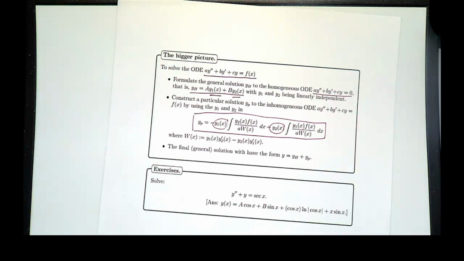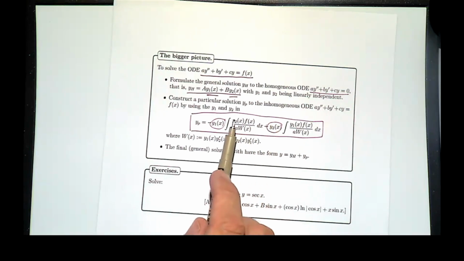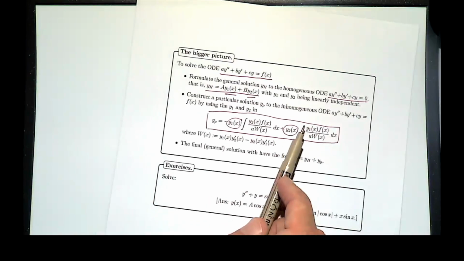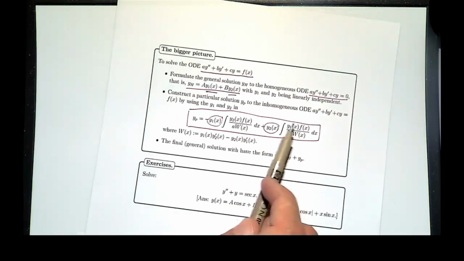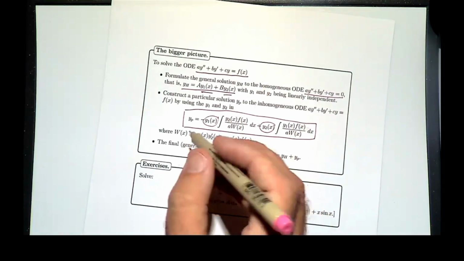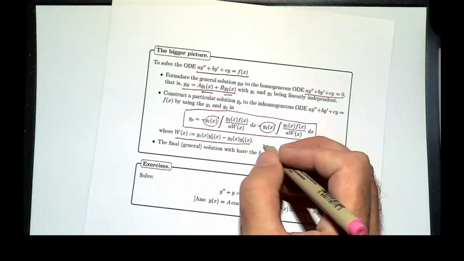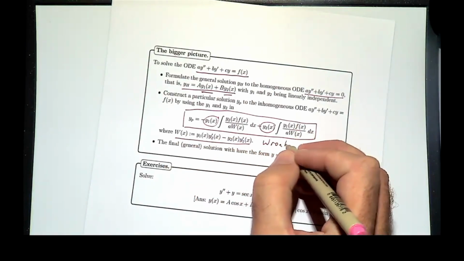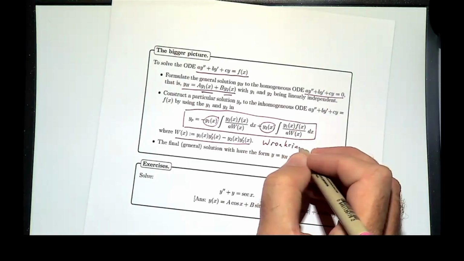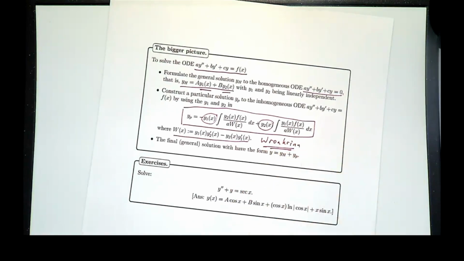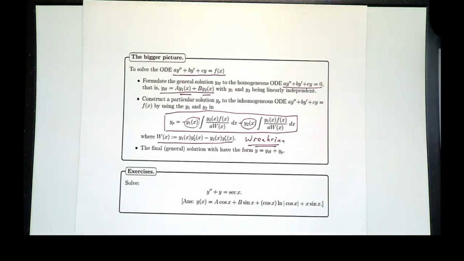Okay, so what's in the integral? Well, you've got the second solution, or the first solution, times the right-hand side and divided by this. Now, the W is just a function known as the Wronskian.